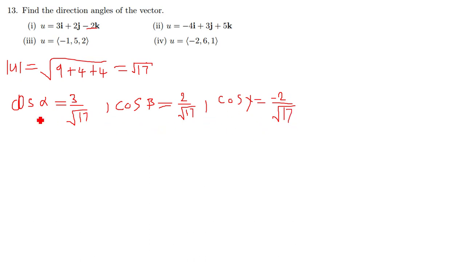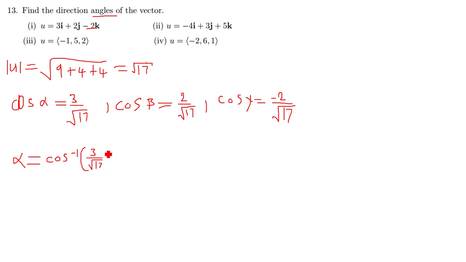Having found this, we are now supposed to find the direction cosine angles. How do you find that? You just make the angles the subject. So here we'll first make alpha the subject. Alpha is equal to cos inverse of 3 over the root of 17.